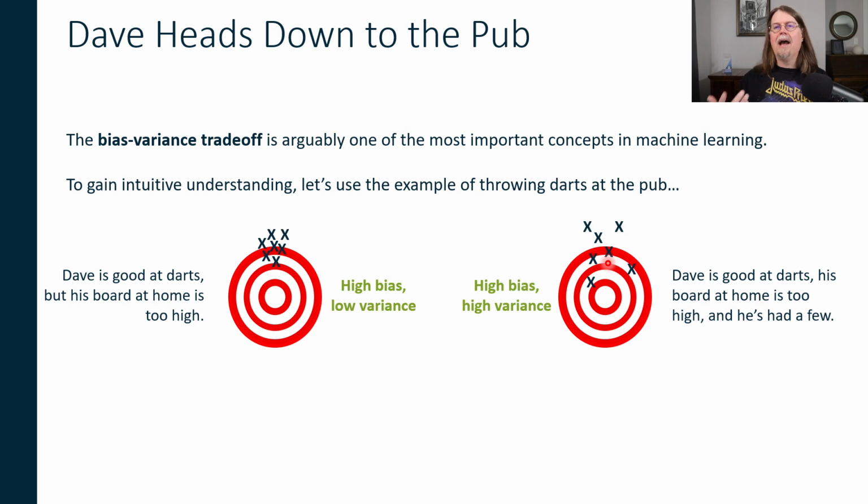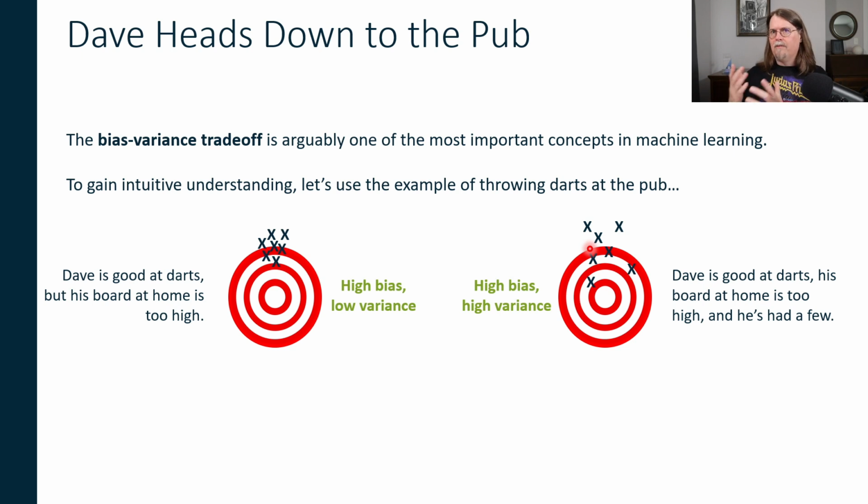This is known as high bias and high variance, okay? Which kind of makes sense, right? I'm way far away from the bullseye and my happy darts are all over the place. Now, those are the first two ideas in the bias variance trade-off, right? Our models can exhibit high bias and low variance, or they can exhibit high bias and high variance. And we'll see some examples of this in some subsequent slides here.